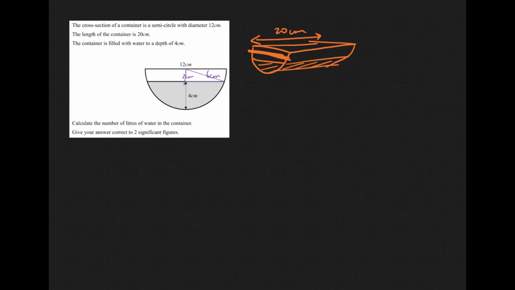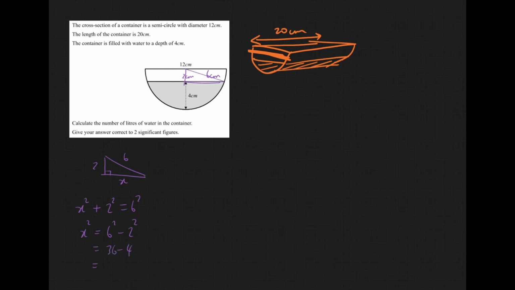That's 2 centimeters. Now we can work out that distance just using basic Pythagoras. Let's sketch the shape out. If the hypotenuse is 6, the height of this triangle is 2, and x is what we want to work out, we can say x squared plus 2 squared equals 6 squared. X squared equals 6 squared minus 2 squared, which is 36 minus 4.